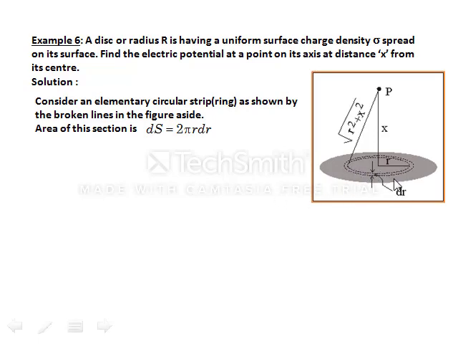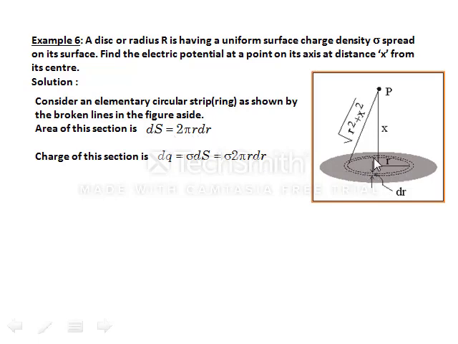Charge is sigma times the area. So this elementary section, which is in the form of a ring, has charge dq as sigma into ds. This is ds, which we have evaluated over here.